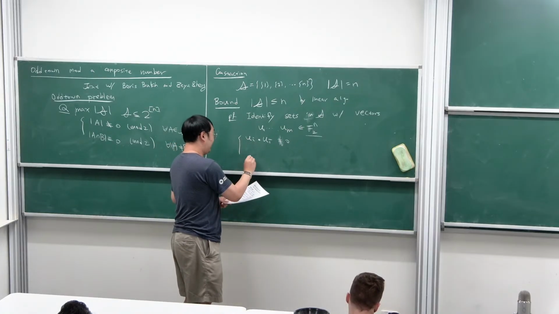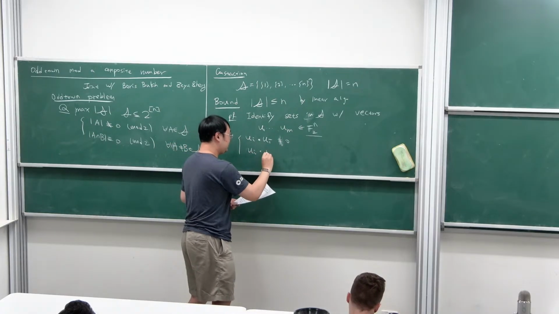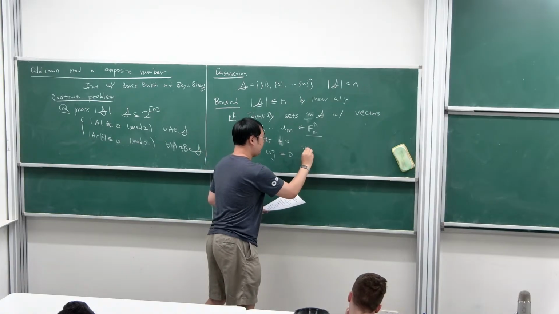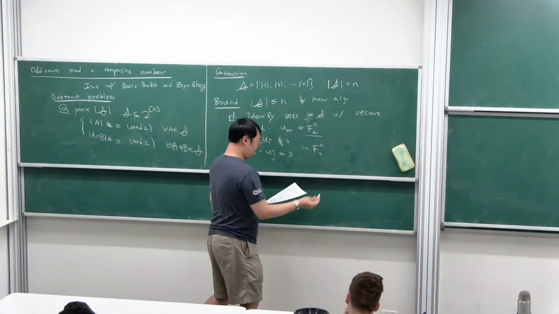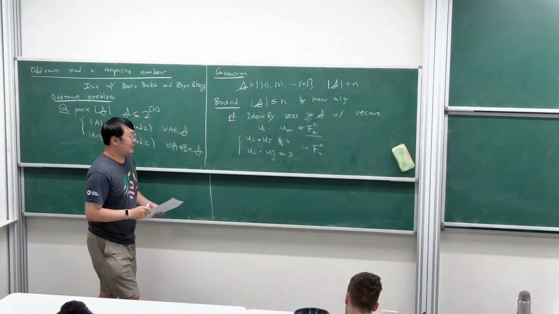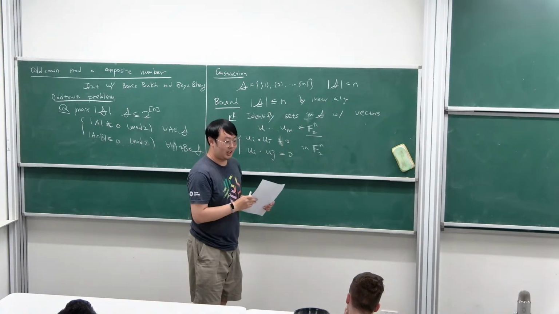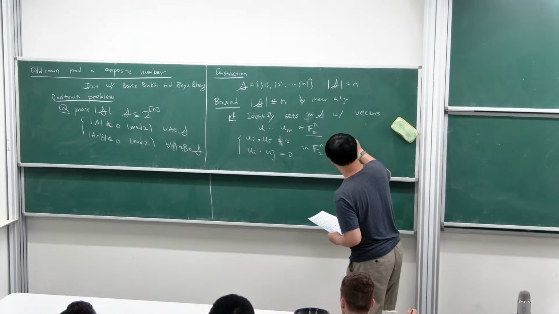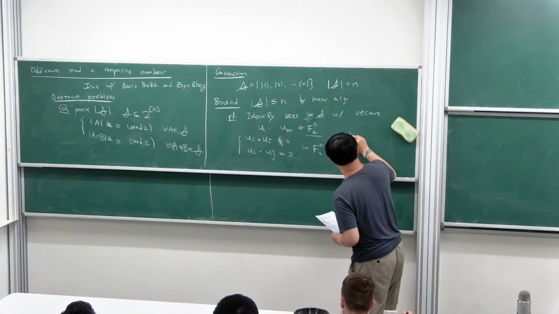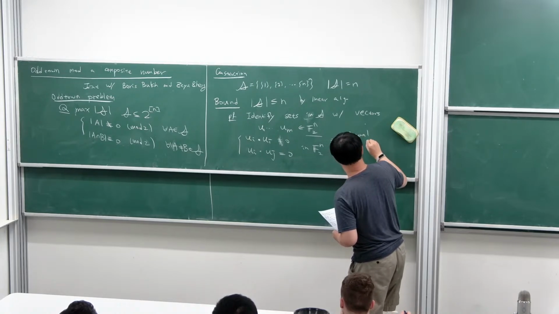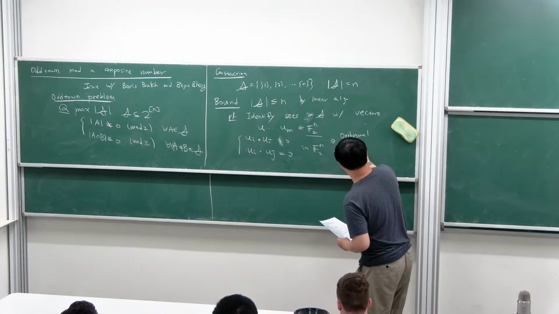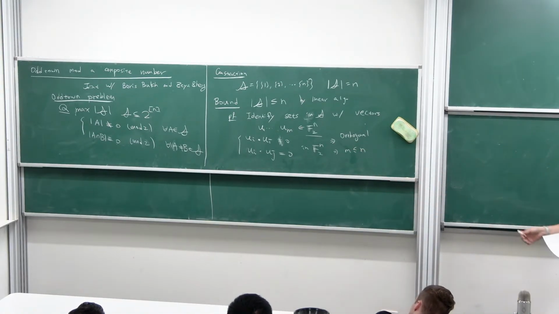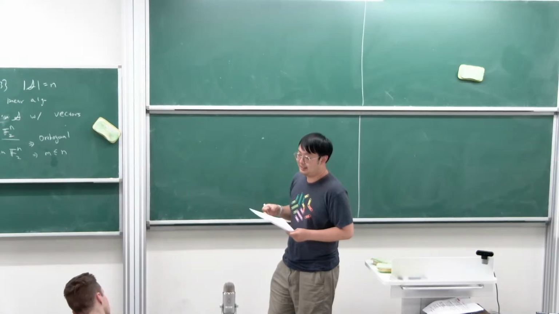And also ui dot uj is 0. That means these m vectors are orthogonal, so all these vectors form a basis. So the number of vectors is upper bounded by the dimension of the space.